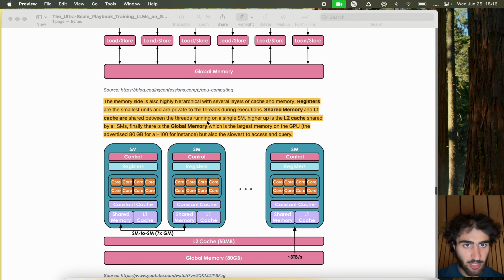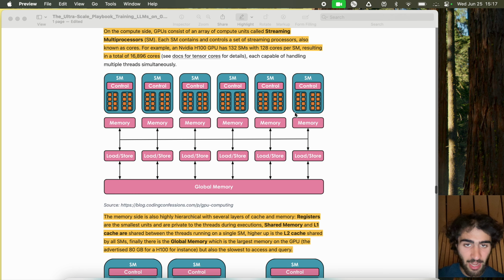So registers, the smallest units, are private only to the thread during execution right here. Then the shared memory and L1 cache are within the device, shared between the threads running on a single stream multiprocessor. And then the L2 cache, which is here, is shared by all stream multiprocessors. And then we have the global memory. So this is a higher level look at the SMs and how they interact with global memory.